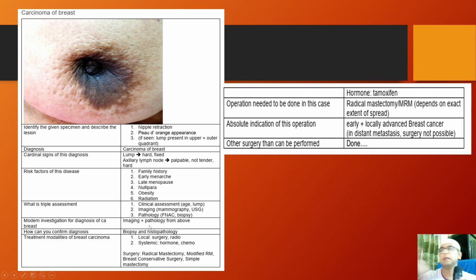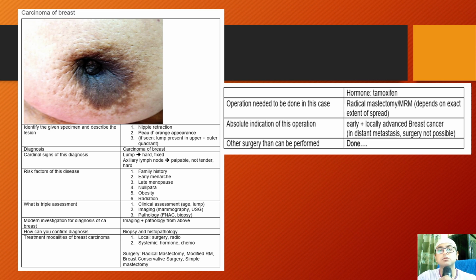Then you must perform immunohistochemistry, and you have to make a typing of your malignancy, like whether it is ductal cell carcinoma or invasive carcinoma. Is there any receptor sensitivity present or not, like estrogen, progesterone, Herceptin positive or negative? So you must perform immunohistochemistry after the FNAC. Sometimes FNAC is inconclusive.